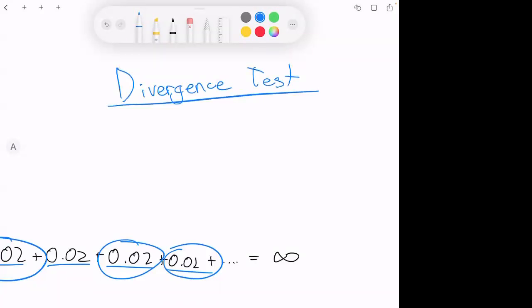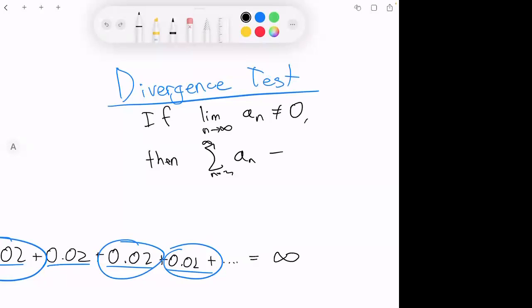It simply says, if the terms do not approach 0, then the sum of all those terms, starting at 0 or whatever, it doesn't really matter, is infinity.